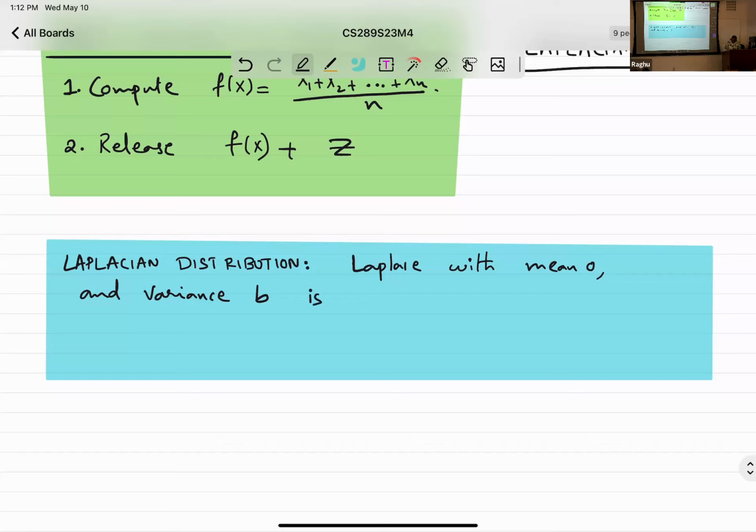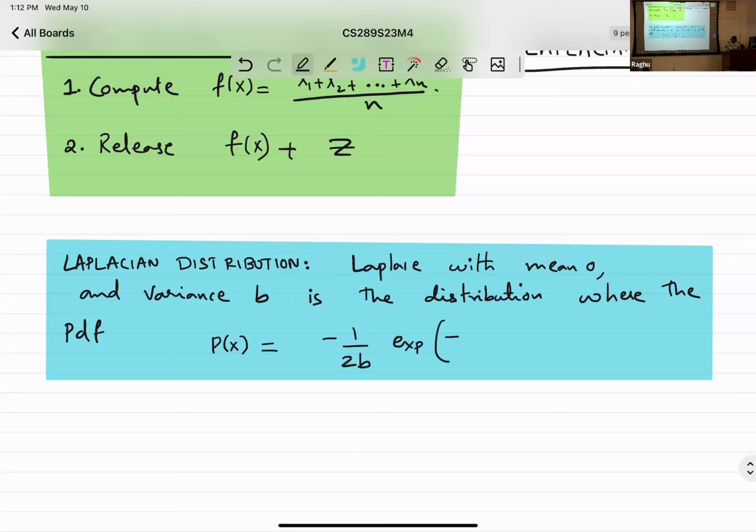Variance b is the distribution where the probability density function is exactly this. Okay, I'm writing down the exact probabilities. The probability, oops, should be a plus.